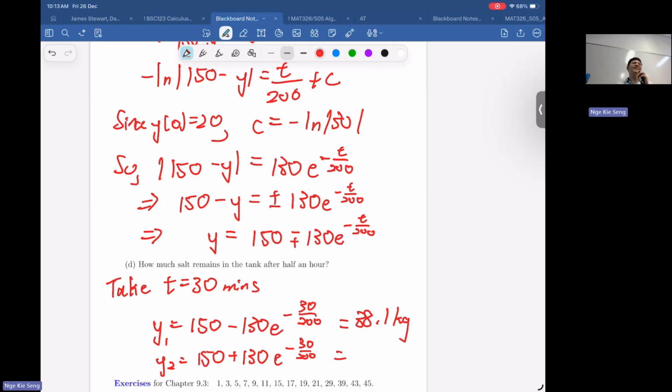Anyone try? How do you know? Did you try? 261.9, yeah. Okay, so both of these kind of make sense. Does it make sense or not?